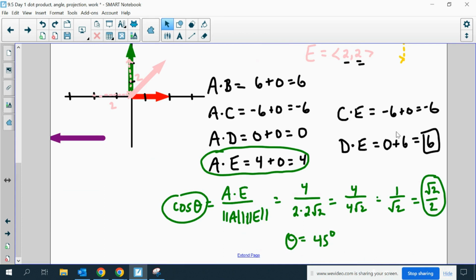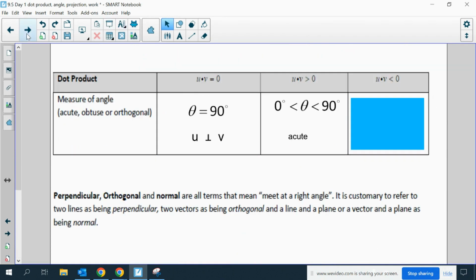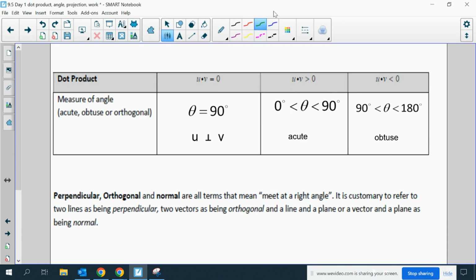And then if the dot product was negative, like CE or AC, we have a big angle. We have an obtuse angle. So we saw those earlier. And so that's what we see: 90 degrees if the dot product's 0. If the dot product's greater than 0, we have an acute angle. If it's less than 0, we have an obtuse angle. Now we also have to be aware that the angle could equal 0 or could equal 180 if we have a positive or negative dot product, as we saw earlier.